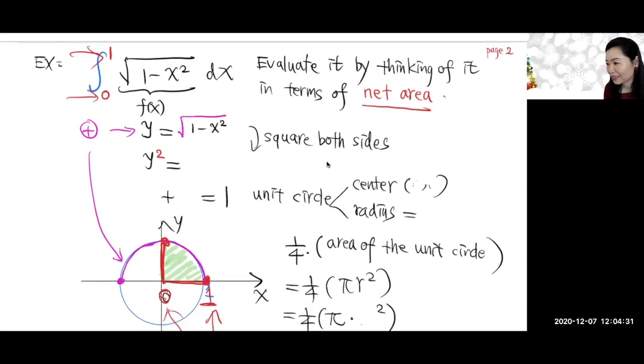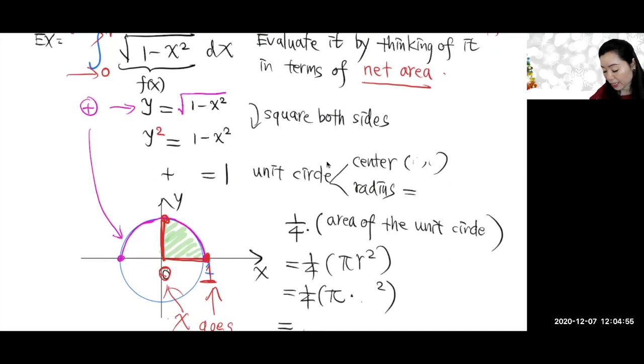Now, what's the graph of this equation? We're going to square both sides, so you get y squared equal to 1 minus x squared.